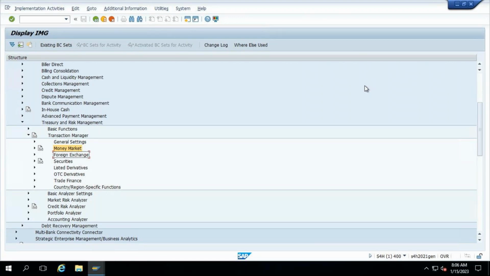What about the fund flow and cash flow? We will also see that in this training. Cash flow and fund flow are not part of TRM. You're talking about the financial statement.